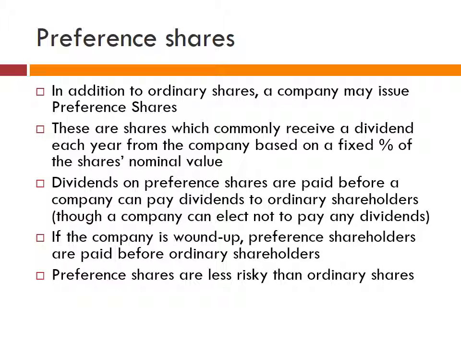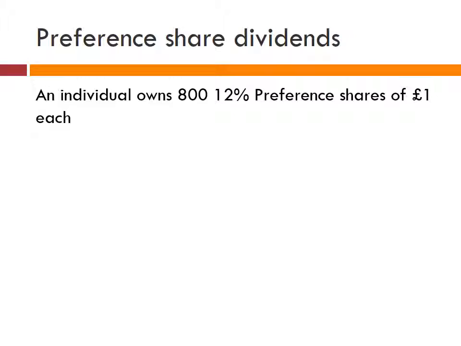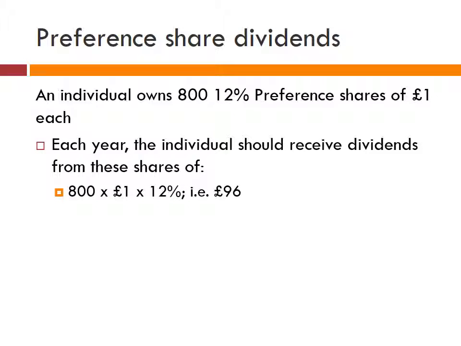So let's have a look at how we calculate the dividend payable on a preference share. Let's say that an individual owns 800 12% preference shares of £1 each. Every year that individual should receive dividends from these shares of 12% of the nominal value.